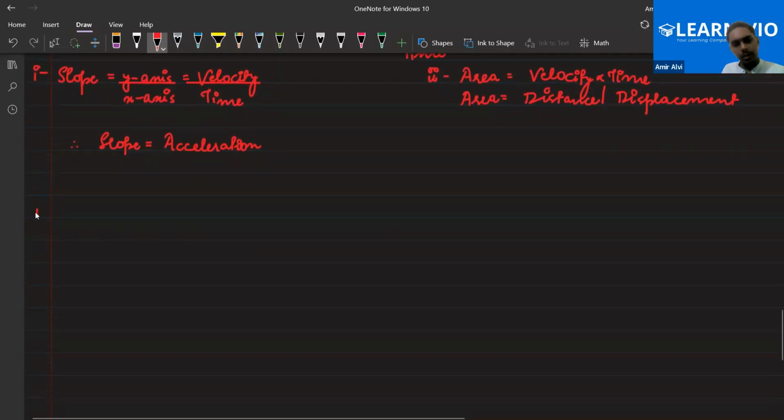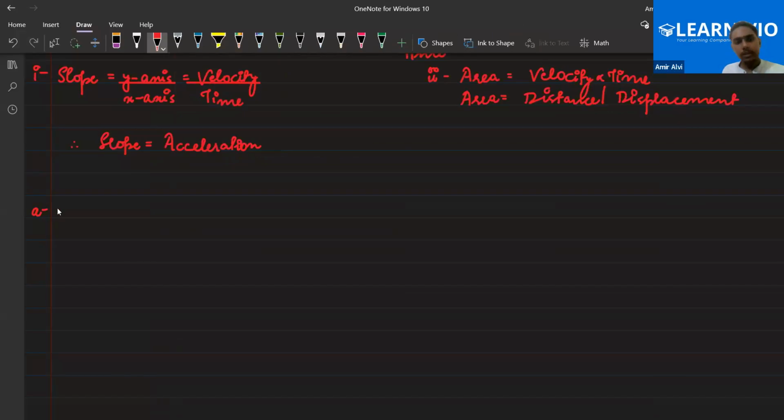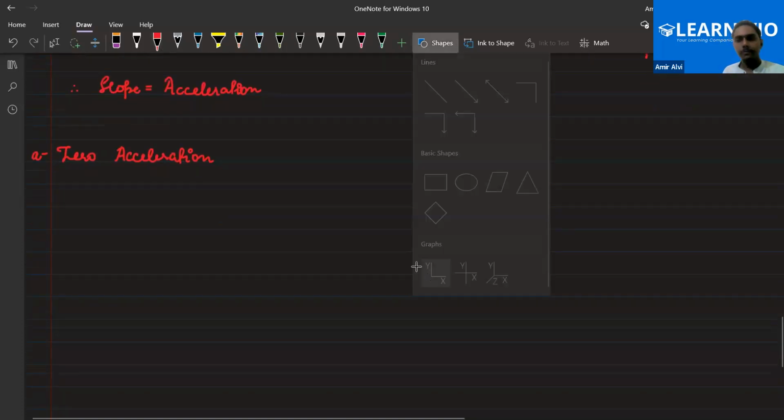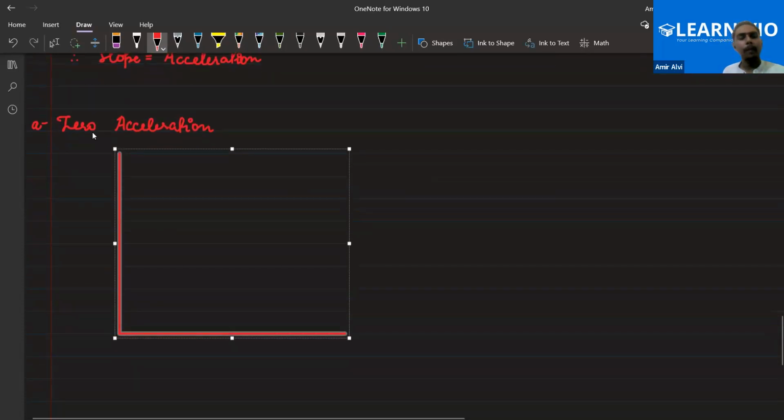Okay. So let's find out the types of graphs that are there in this topic. So first is zero acceleration. How does it look like? This is the graph.